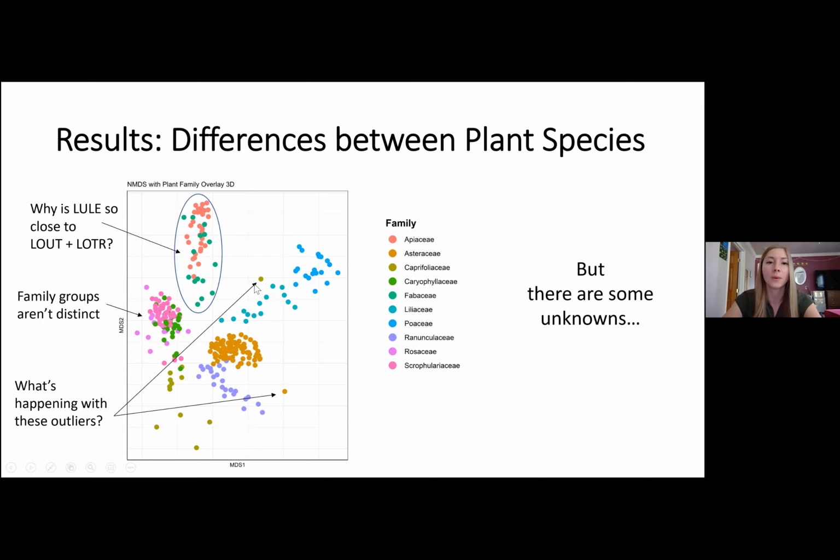Also, there are a few outliers that may actually be representative of these species, but something might be going on with these samples that makes them different from other plant species. So, for example, this was a Caprifoliaceae plant that ideally would have been clustered with the other ones, and this was an Asteraceae plant that was a little bit further out than all of its other plant samples.